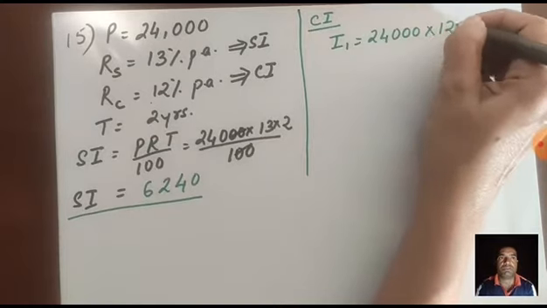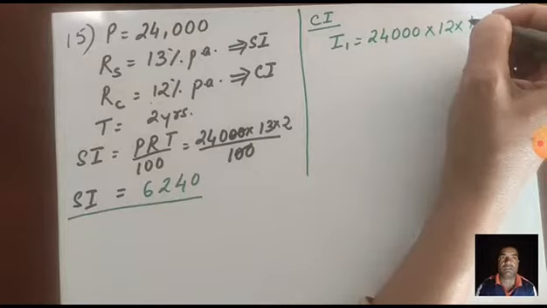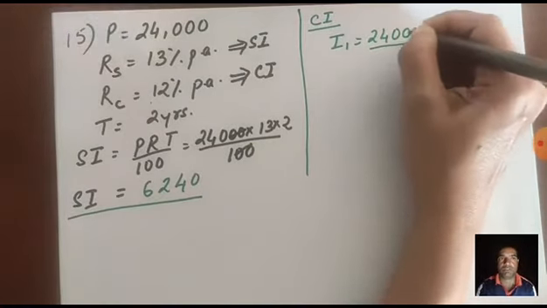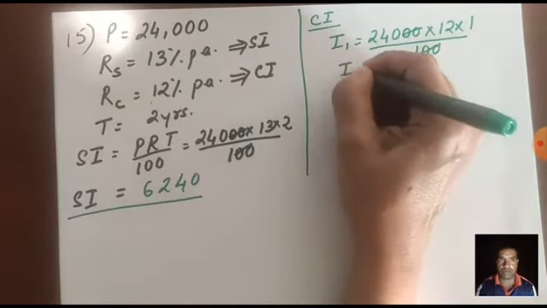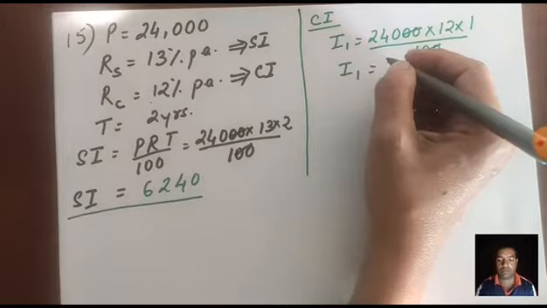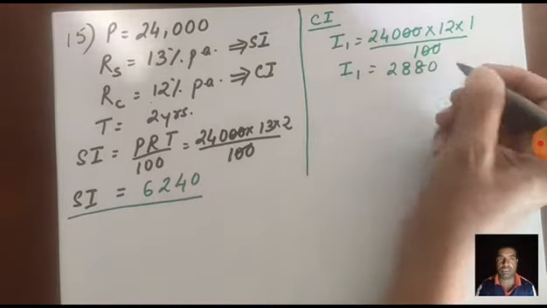We are using this formula, 24,000 into 12 into 1 upon 100, which will be the 2 0s get cancelled, 240 into 12, which will be the 2880.